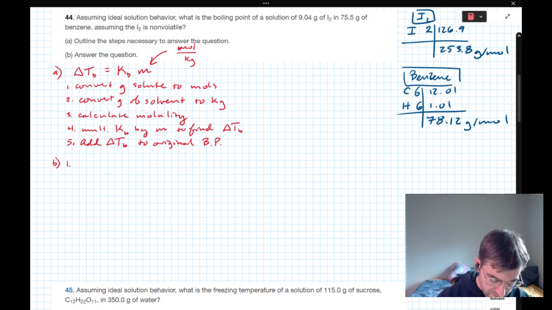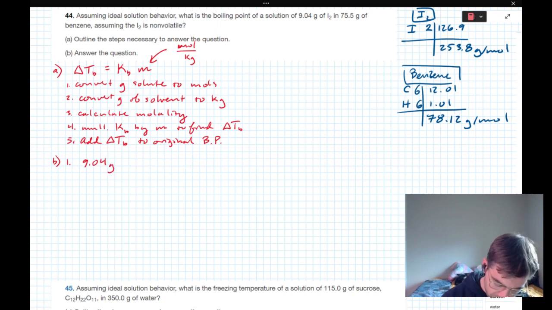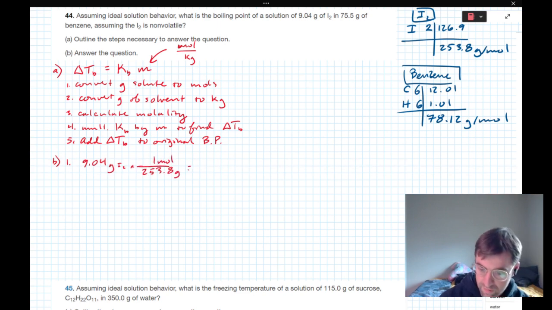So starting off, we were given a quantity of 9.04 grams of iodine. Our molar mass was 253.8 grams per 1 mole. Gives us 0.0356 moles of iodine.